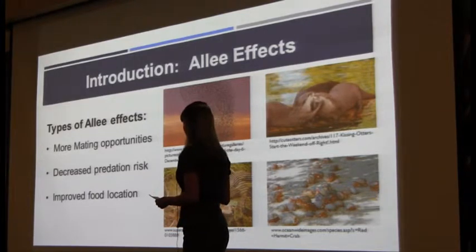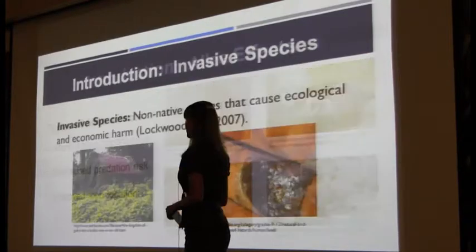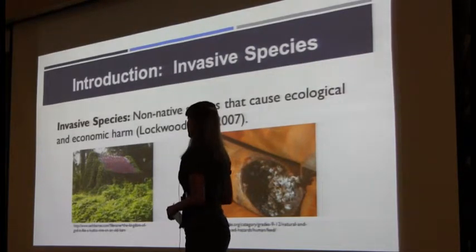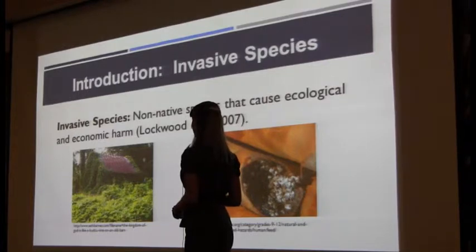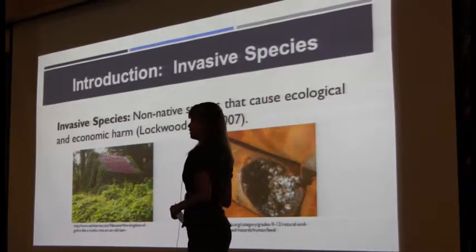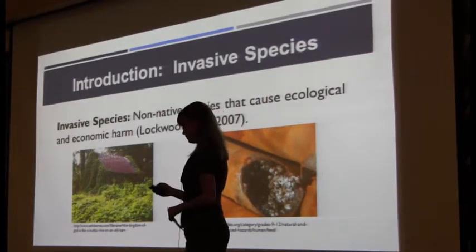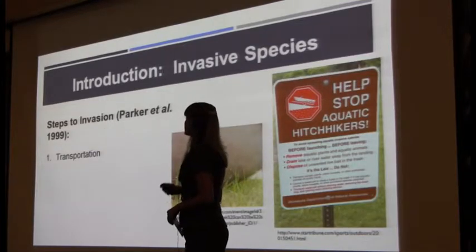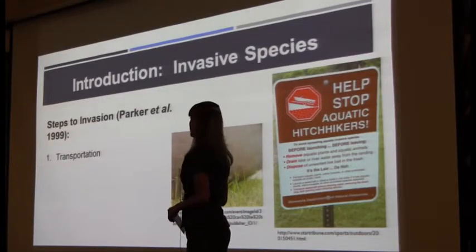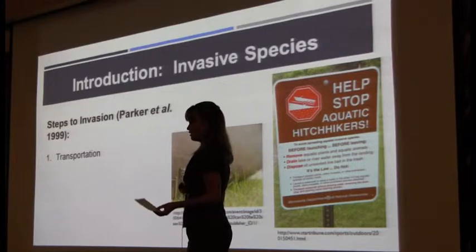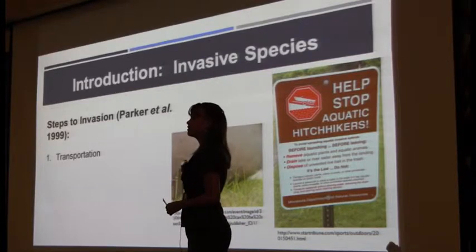So these types of Allee effects can also benefit invasive species. An invasive species is described as a non-native species that can cause ecologic and economic harm. There are 4 steps an invasive species has to go through to be considered invasive. First, it has to have transportation from its native habitat to the invaded region.